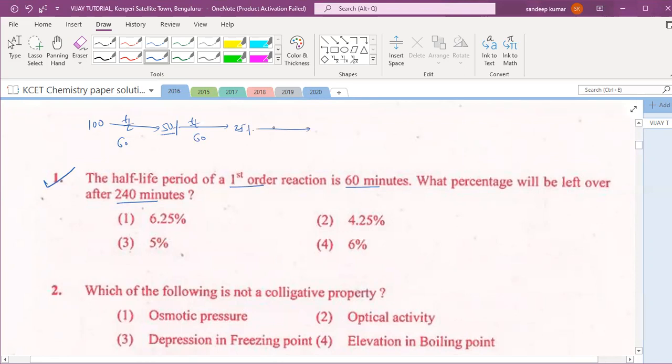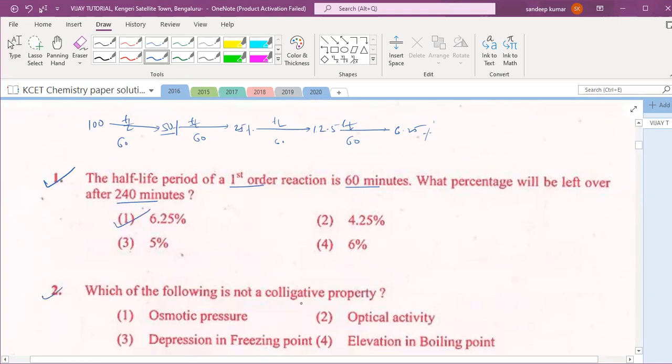Now another t half, next 60 minutes, it is reduced to 12.5%, right? Next t half, another 60 minutes, it is reduced to what? 6.25%. So as 240 minutes is nothing but 4 t halves, after 4 t half we are getting 6.25% only. So A option.